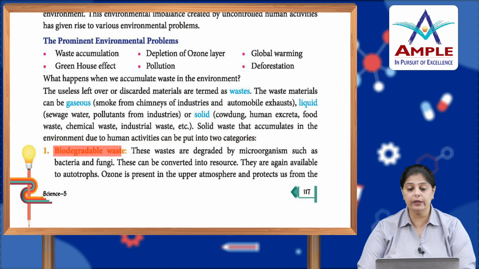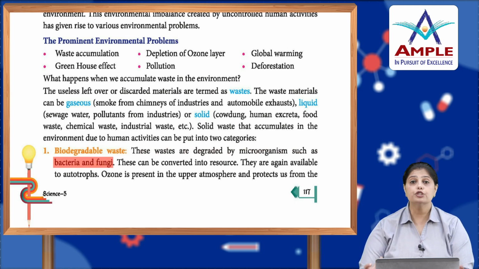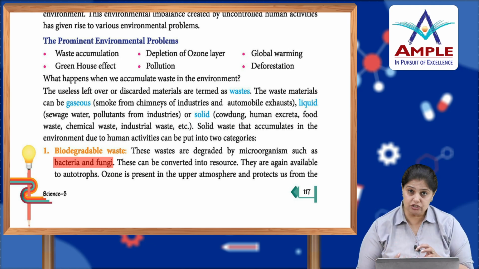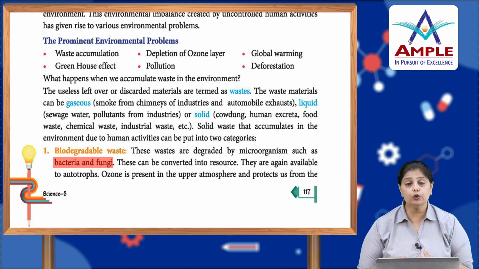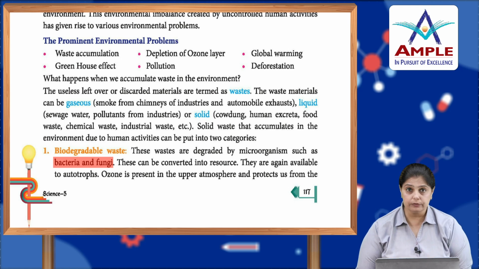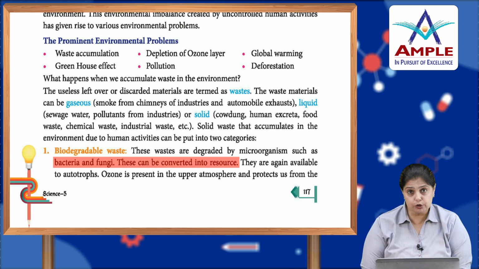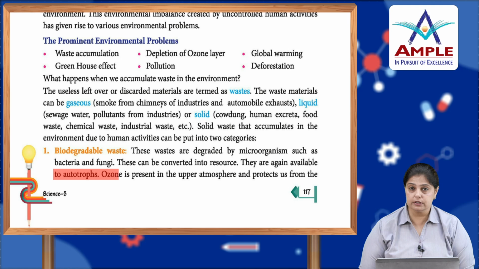What do you mean by biodegradable waste? These wastes are degraded by microorganisms such as bacteria and fungi. Bacteria and fungi can change this waste into something that can be converted into a resource and utilized, so again it is available to autotrophs.